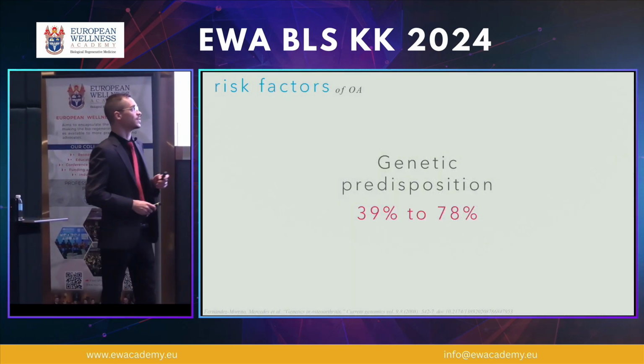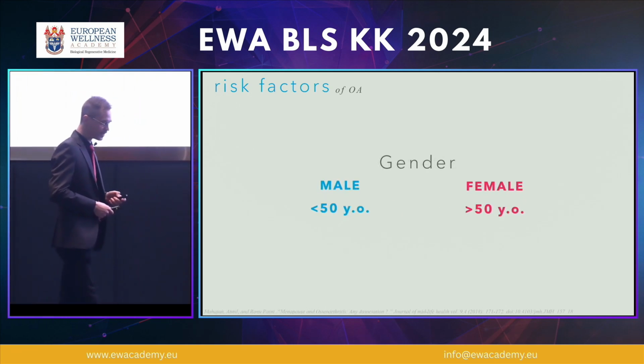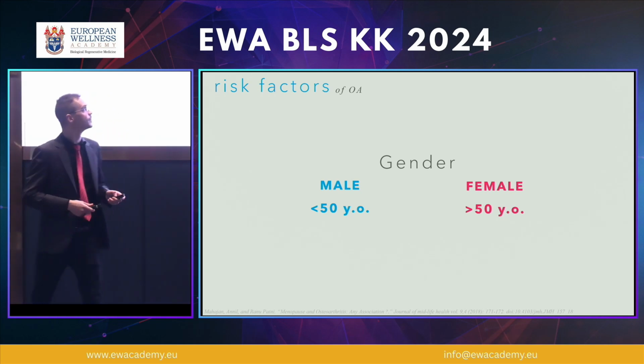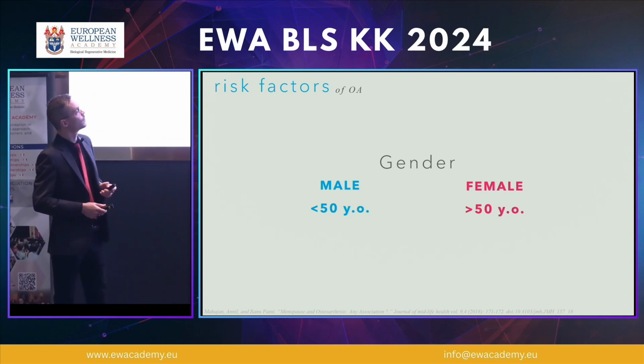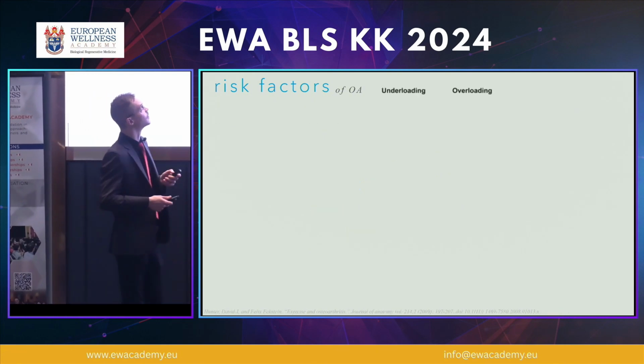Of course, there is genetic predisposition. We cannot really control it or edit it at the moment. There is also a gender predisposition, gender factors, and we cannot control them.